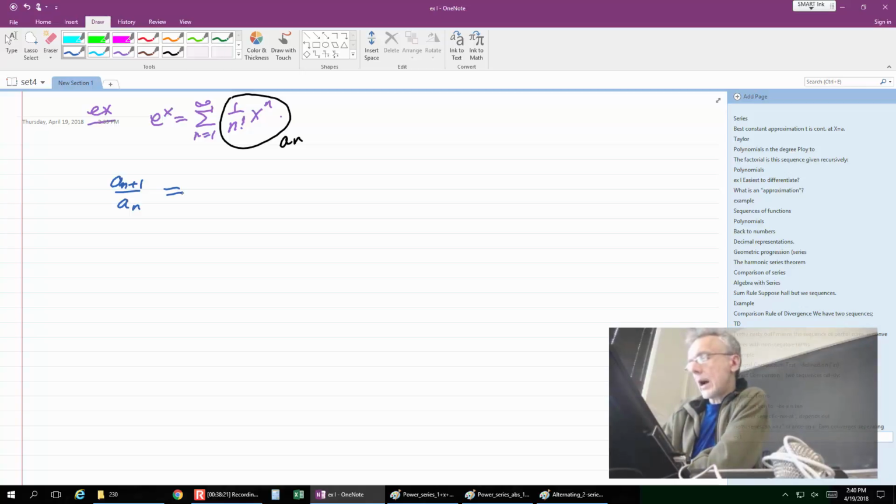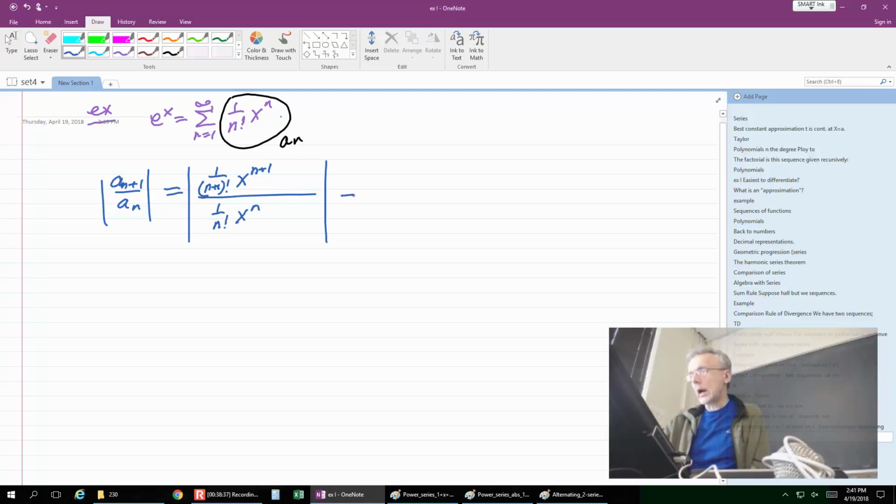So a_{n+1} is 1 over (n+1) factorial times x^{n+1}, divided, with the absolute value here, by 1 over n factorial times x^n. Then I simplify. I separate the x's from the rest: n factorial divided by (n+1) factorial, and x^{n+1} over x^n in absolute value.